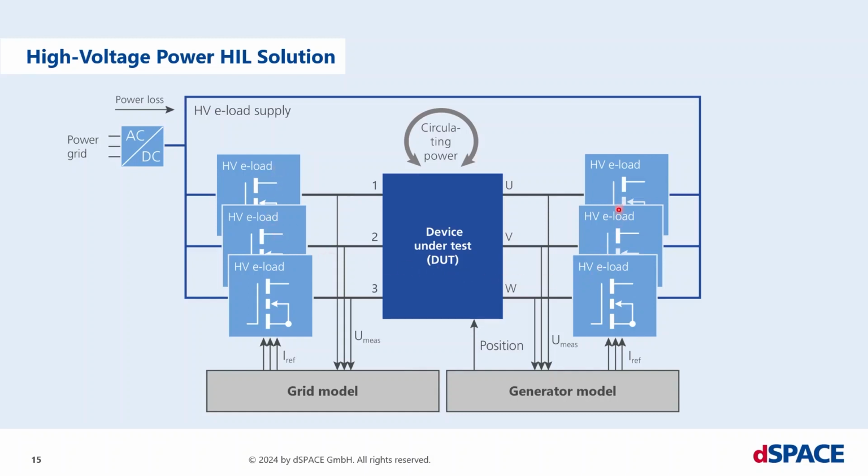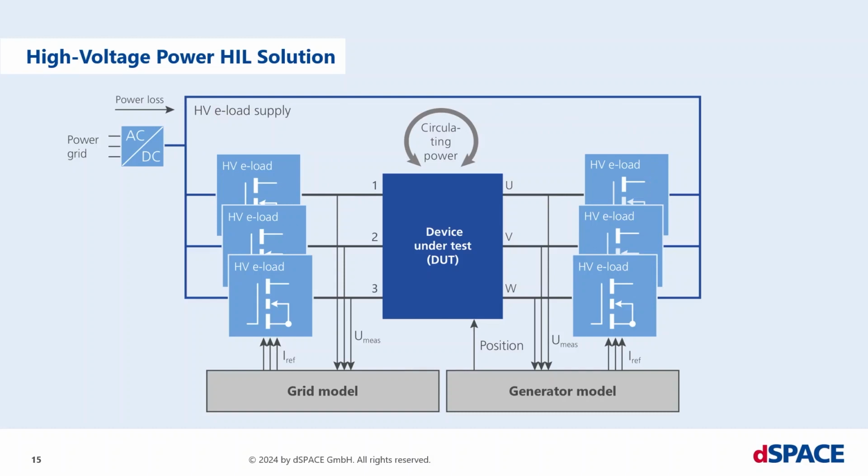So in case of power coming from the generator, the power is flowing via our device under test towards the grid. And now, due to the fact that all load modules are coupled via a common DC link, we can circulate this power.